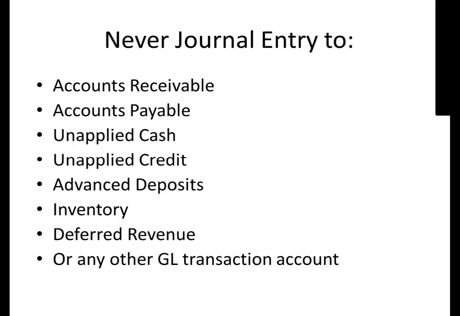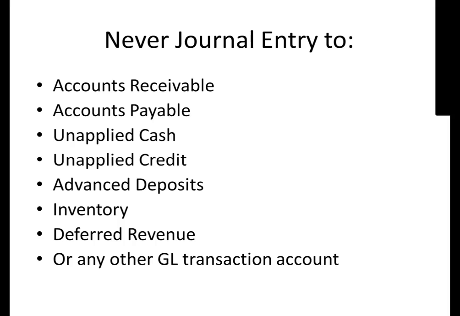There's one main reason when we go in and we find that these accounts are out of balance with their subsidiary ledgers: it's because users have created journal entries to these accounts. So as a rule of thumb, never create a journal entry to any of the control accounts within SedonaOffice, or you're going to have a real tough time balancing those.